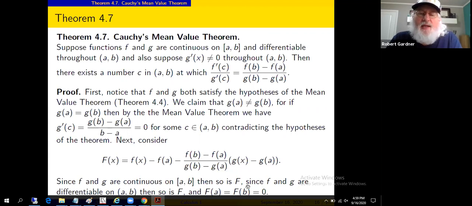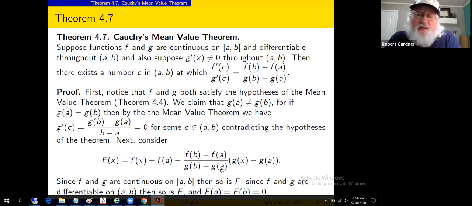What happens when you plug in x equals B? Capital F of B would be lowercase f of B minus f of A, minus the quotient times g of B minus g of A. Observe that up here, there's a g of B minus g of A in the denominator.